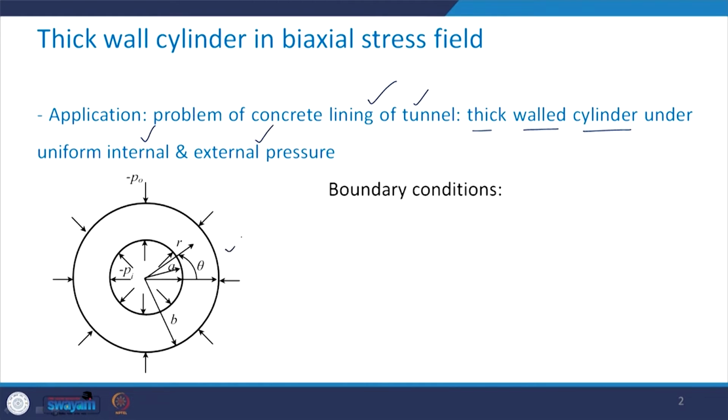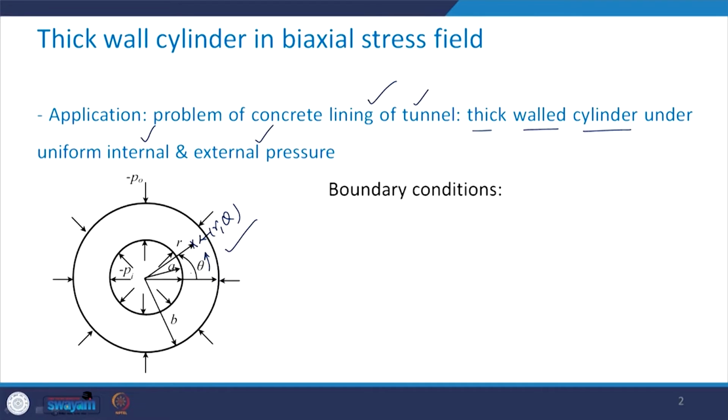You can take a look at this figure where any point in the space can be represented by the coordinate r comma theta, as we have been discussing for the few earlier classes. Again here theta is measured from the horizontal direction in the anticlockwise direction.